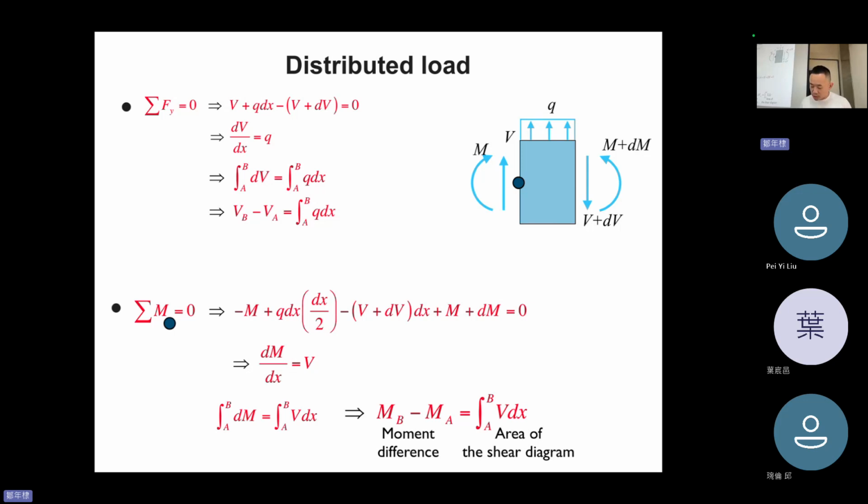So the change due to the Q, of course, is dV and dM.